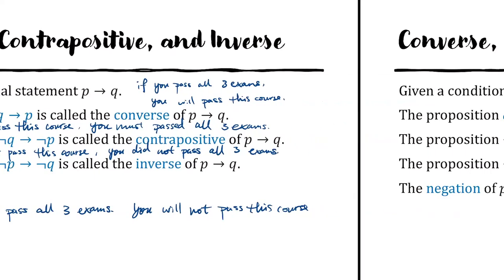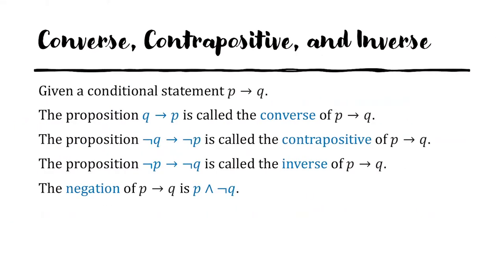Okay, and there's one more thing I want to mention, and that would be the negation of P implies Q. The negation of P implies Q is actually, you won't get a conditional statement anymore.